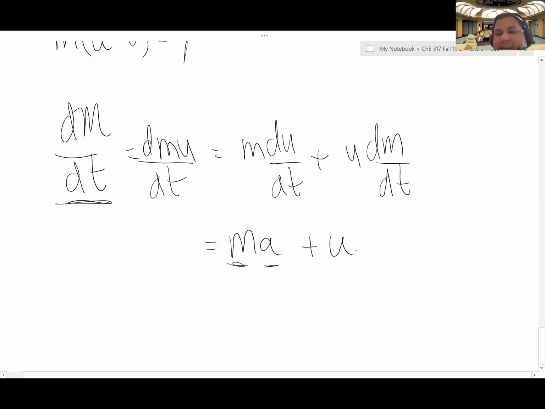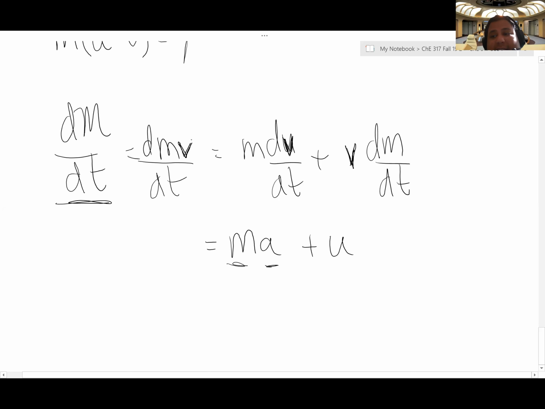So how is the mass of the trolley changing with time? This is actually v, because our system's the trolley. So what mass is being added to the trolley?